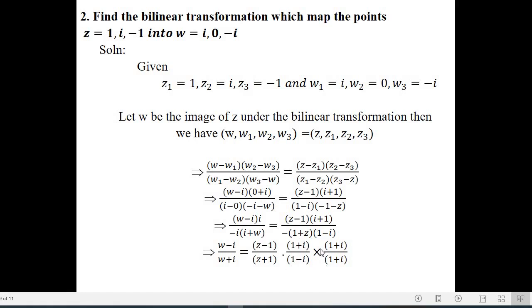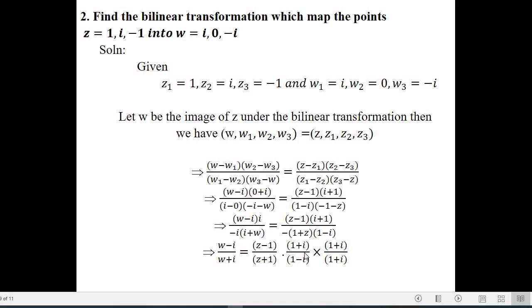To simplify that, we cross multiply by the conjugate of the denominator. You can also write this directly. Always remember the value of 1 plus i divided by 1 minus i is i. If these two are interchanged, that is 1 minus i divided by 1 plus i, it is minus i. You can directly write i in the place of 1 plus i divided by 1 minus i, but here I have simplified it in the problem. Multiply by the conjugate of the denominator, that is we multiply. What is the conjugate of the denominator?